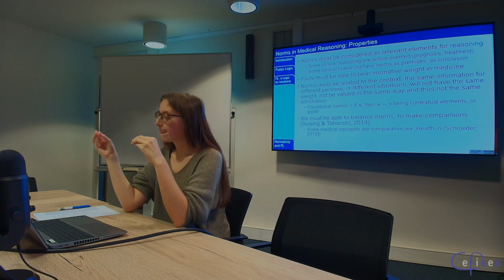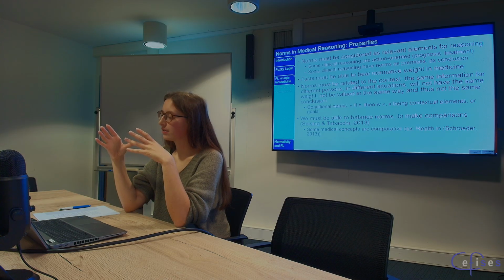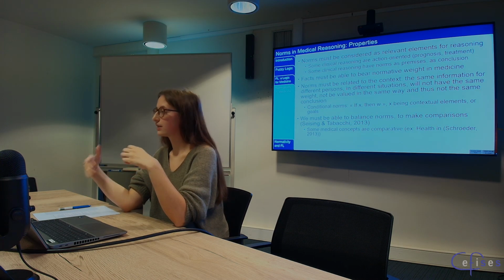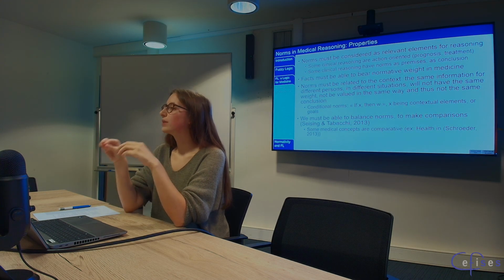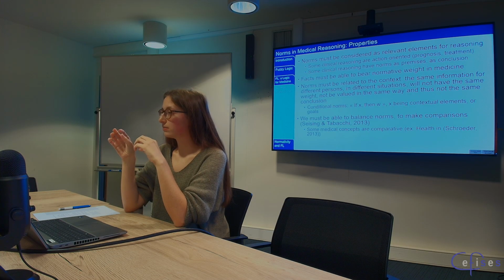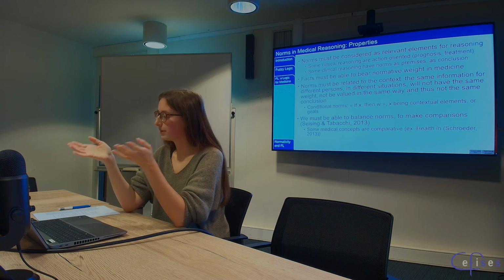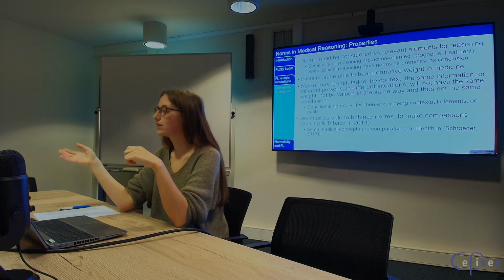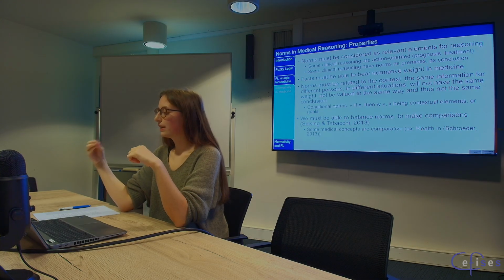But, for example, 45 BPM is a sign of bradycardia and thus a problem and has to be treated. It's not always a problem to have a BPM of 45 if you're, for example, a professional athlete. It's completely normal and it's okay.